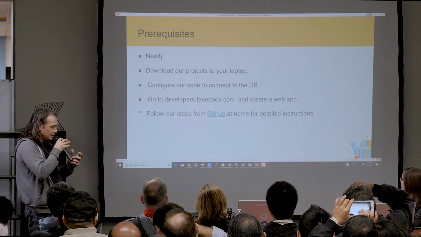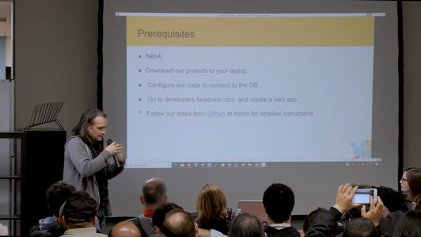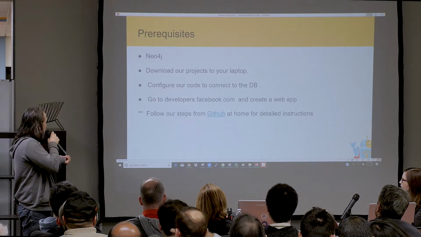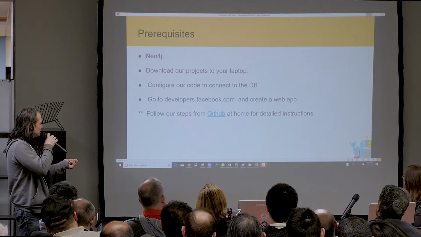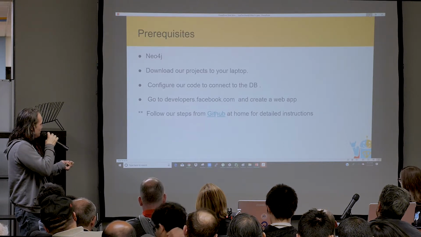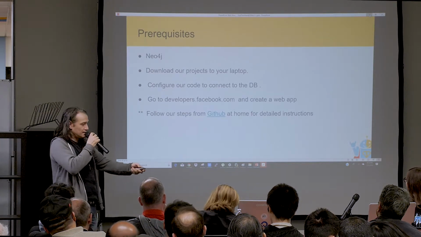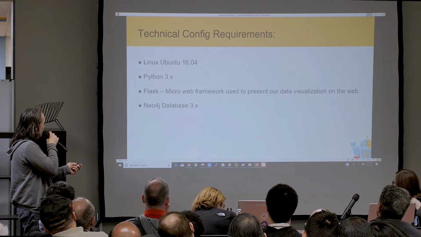You're going to configure and connect the code to the Neo4j instance, because that's going to have a new IP address, so you have to connect that manually. Then you're going to go to developers.facebook.com and create yourself a web app. From there, you're going to follow the steps on GitHub for detailed instructions. We're going to take you through the workflow ourselves, but you can follow along at home.